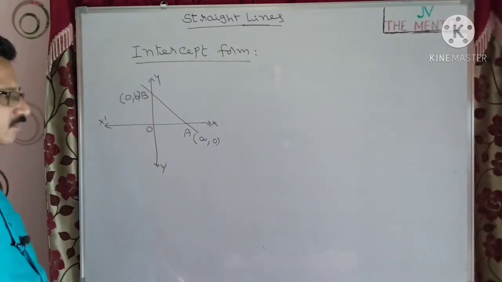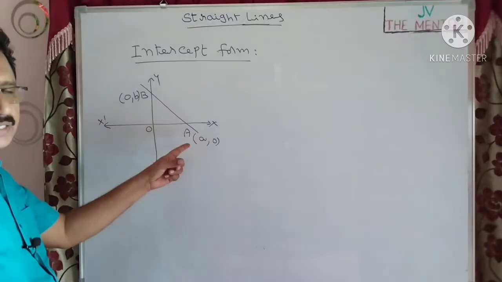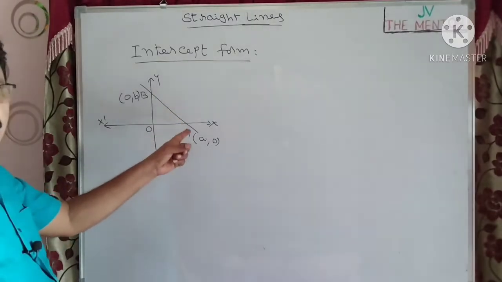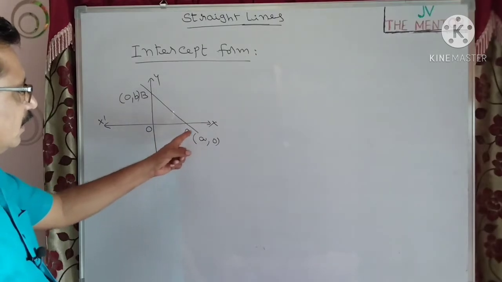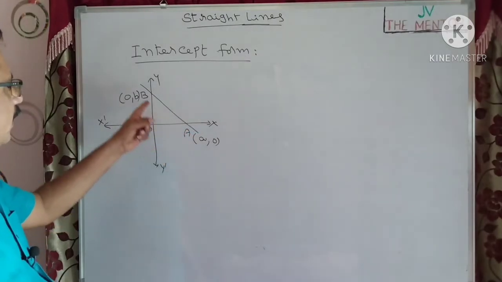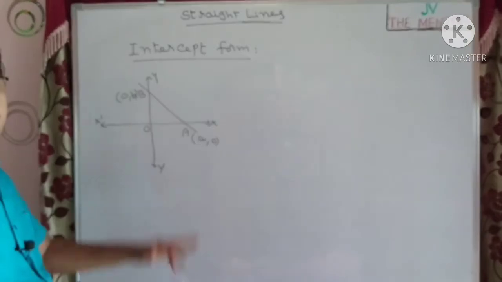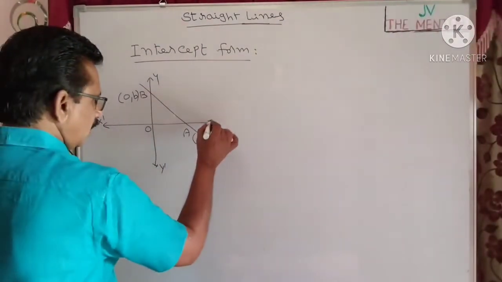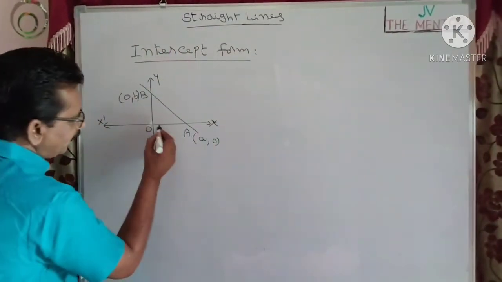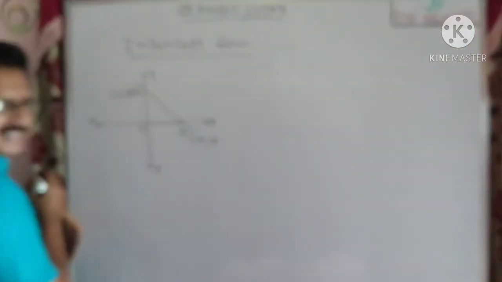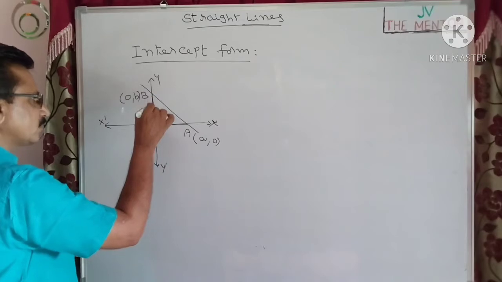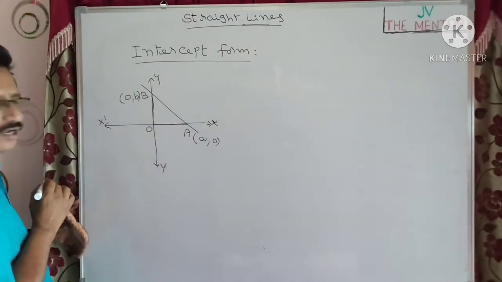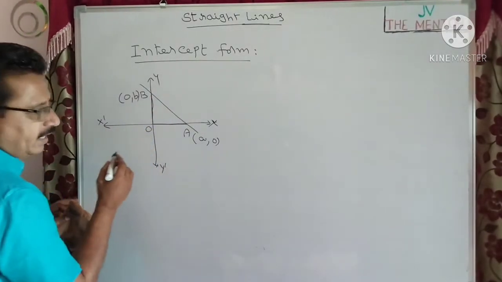Now the line AB intersects the x-axis at A and the y-axis at B. Now OA is called the x-intercept, OB is called the y-intercept.